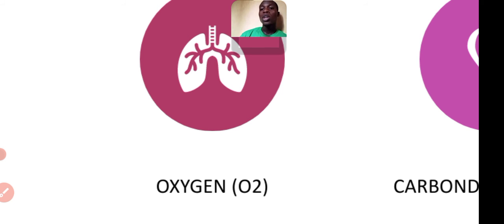So, all the deoxygenated blood carrying carbon dioxide enters from the right side of our heart, and all oxygenated blood leaves our heart chambers from the left side to be distributed to our superior cavities and the inferior cavities.